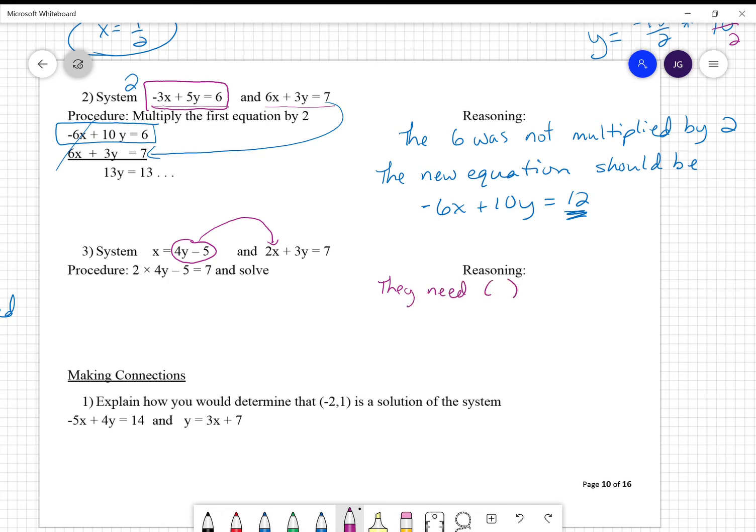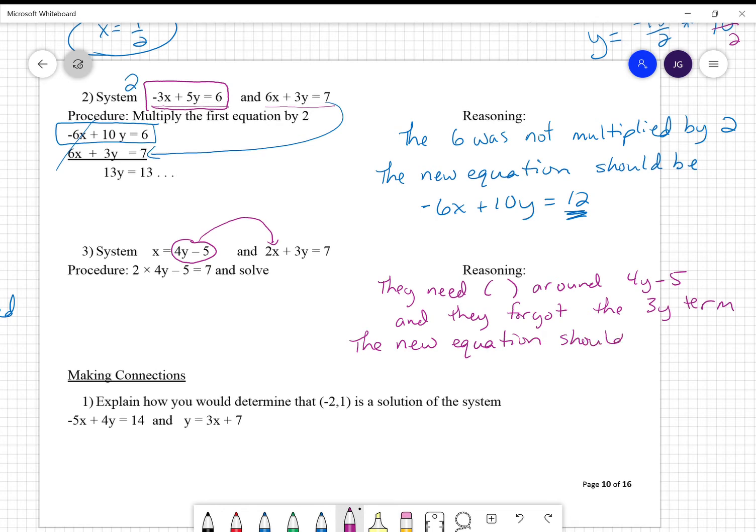They need parentheses around 4y minus 5, and they forgot the 3y term. The new equation should be 2 times (4y minus 5) plus 3y equals 7.